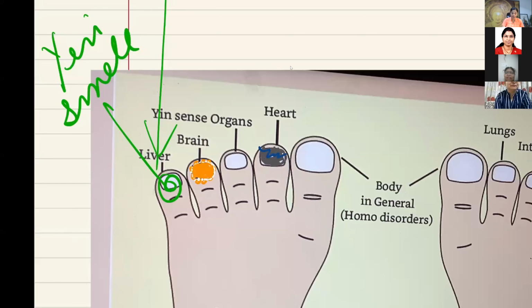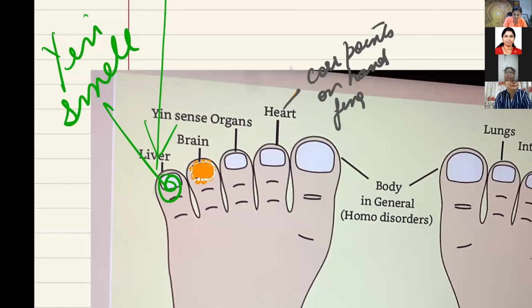Then for the heart, yes, in Sujok we have very easy and simple points. In Sujok we should focus on all the correspondent points related to the heart, the correspondent points on the hand, finger, and mini system.